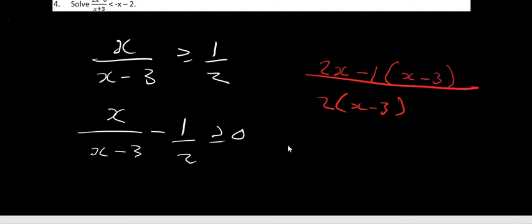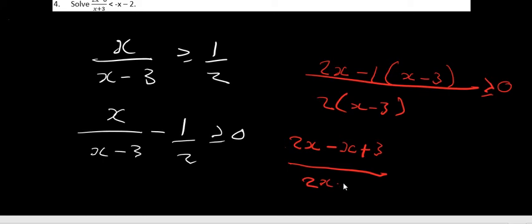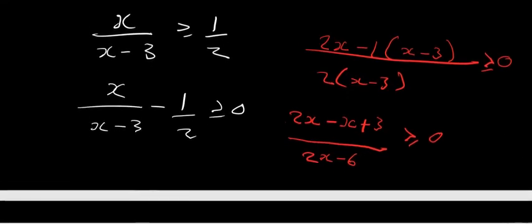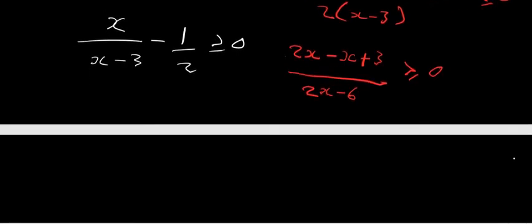Greater than or equal to 0. So we are going to have 2x minus (x minus 3), which is plus, because minus times minus is plus, over 2x minus 6, greater than or equal to 0. That is what we have on top, which can easily be simplified.